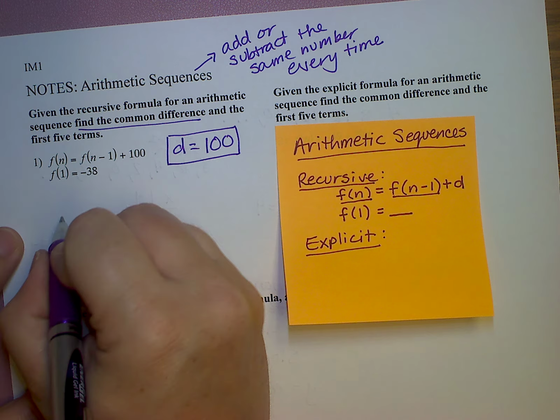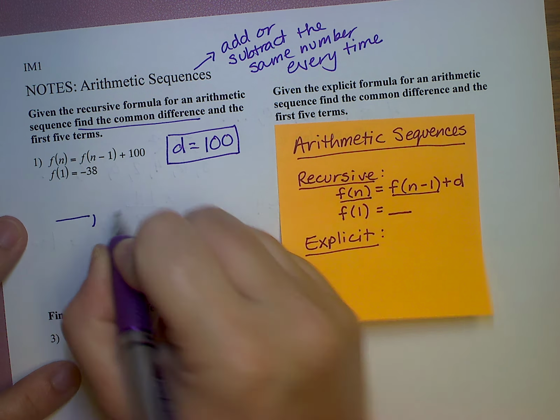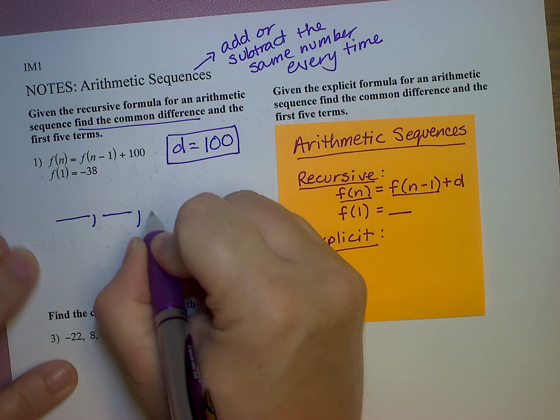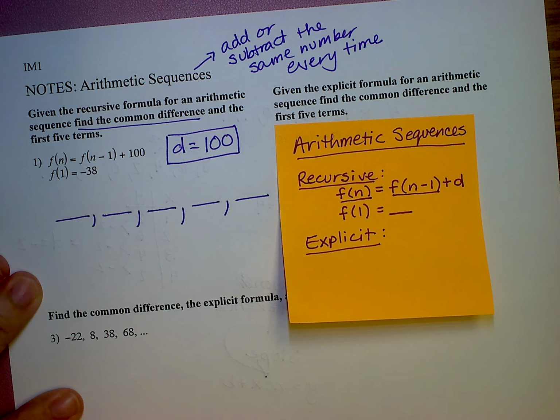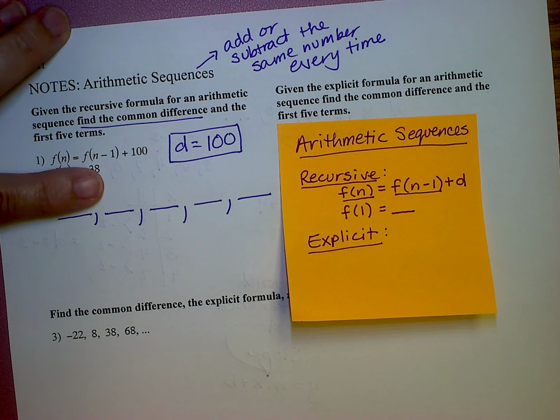And the first 5 terms. Now, I may be a nerd, and I'm okay with that. But I like putting 5 lines so that I know exactly how many terms I have to find. Now, pretend they didn't give me the first term yet. Okay? And I was trying to find the first term.